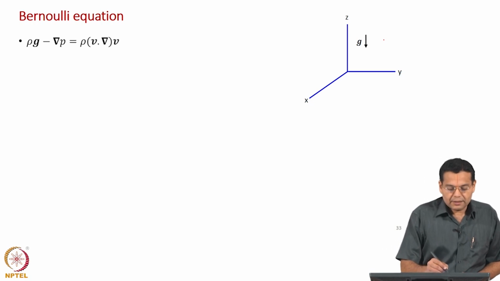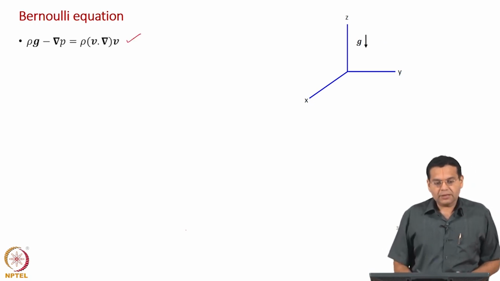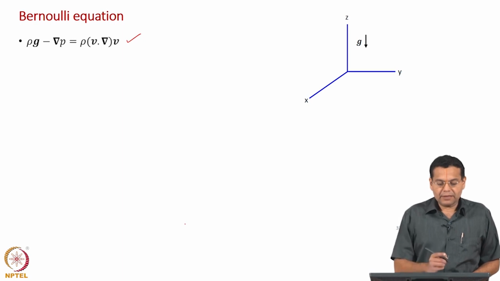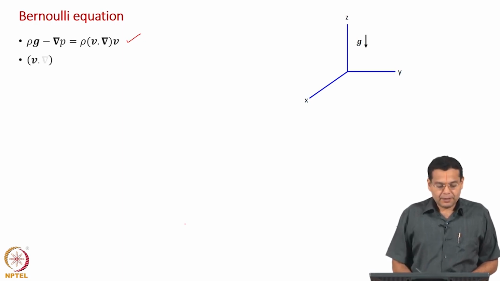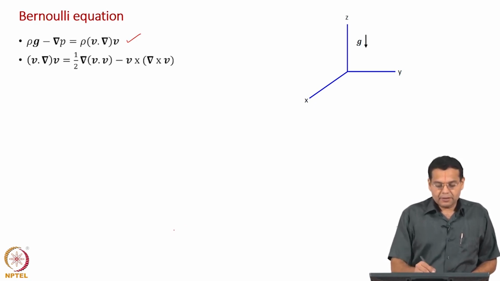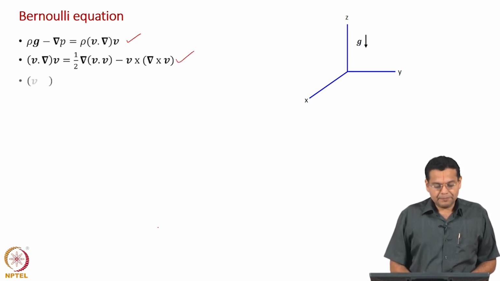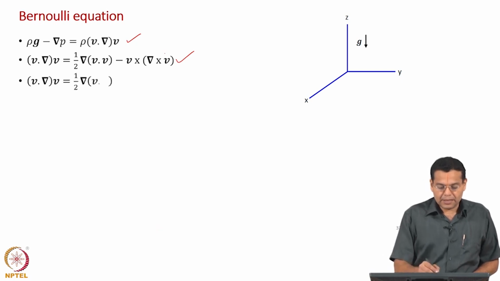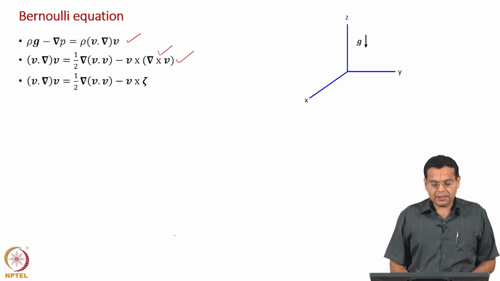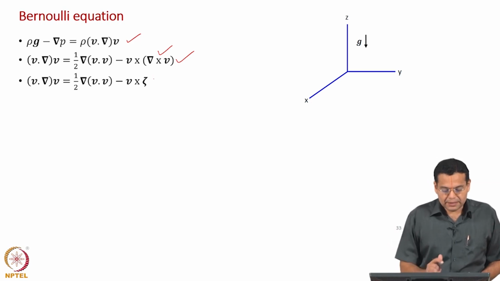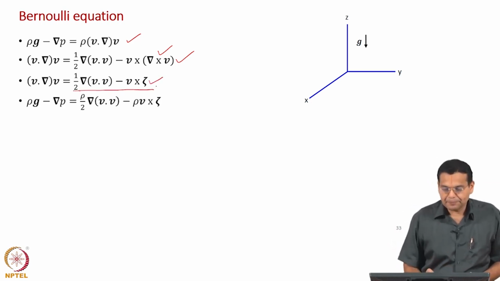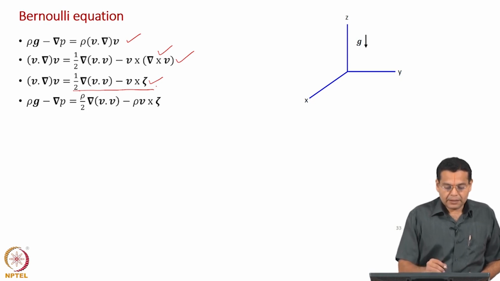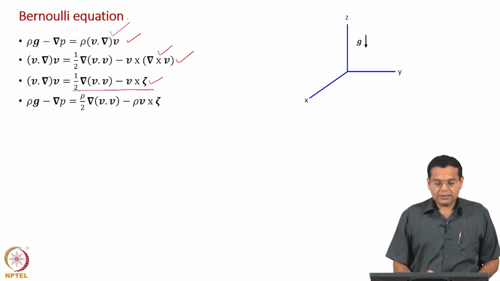So, this is the steady state Euler equation, where we have taken only the convective acceleration, and we discussed the vector identity. We are using this vector identity, and just now we discussed that del cross V can be represented in terms of the vorticity vector. So, now let us substitute this vector identity in terms of the vorticity vector in the right hand side of this steady state Euler equation.